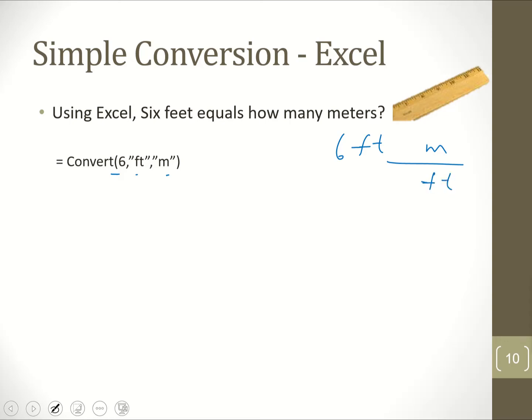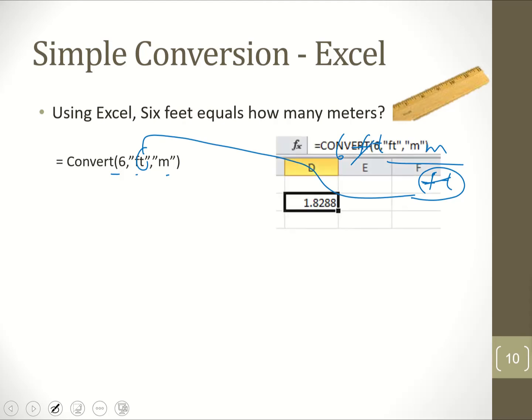The feet is the second part, which is our denominator right here, so that works out for us. This is correct. That is our conversion factor, and the feet will cancel off, and we end up with meters.